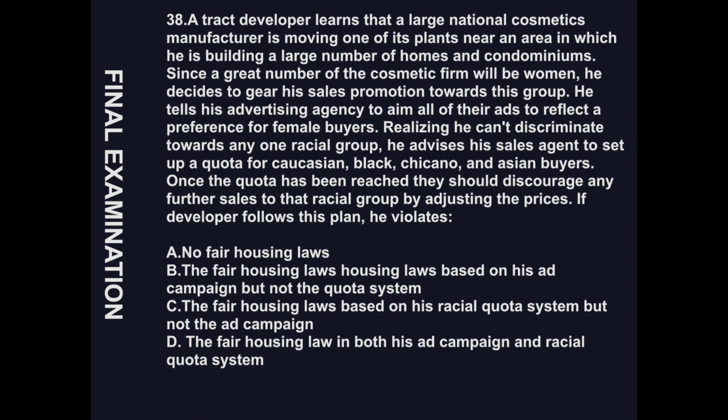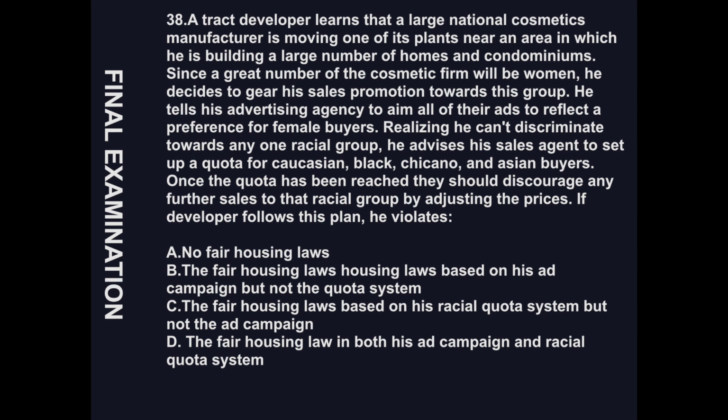A tract developer learns that a large national cosmetics manufacturer is moving one of its plants near an area in which he is building a large number of homes and condominiums. Since a great number of the cosmetic firm's employees will be women, he decides to gear his sales promotion towards this group. He tells his advertising agency to aim all of their ads to reflect a preference for female buyers.